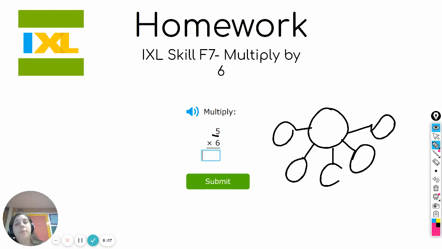The second number is 6, so in each of these will be a 6. And then you just have to skip count by 6s to solve. 6, 12, 18, 24, 30. So your product would be 30, and that would be the answer you type in IXL.